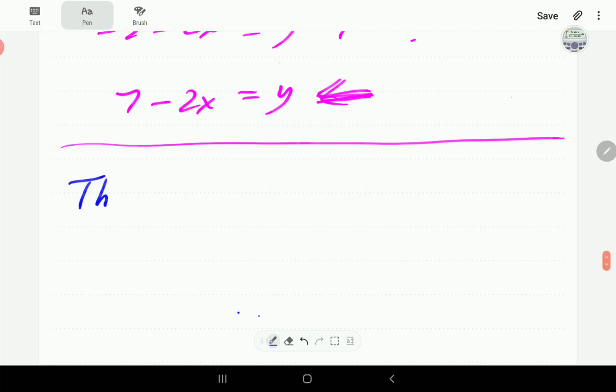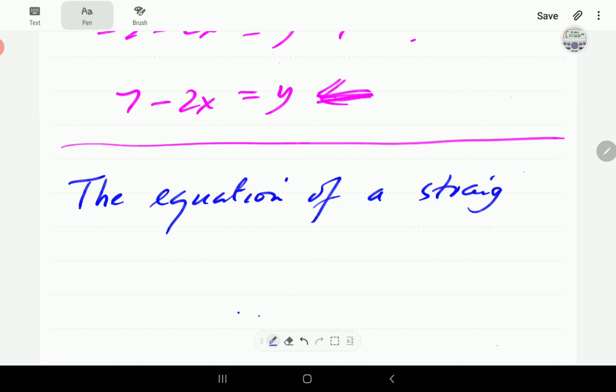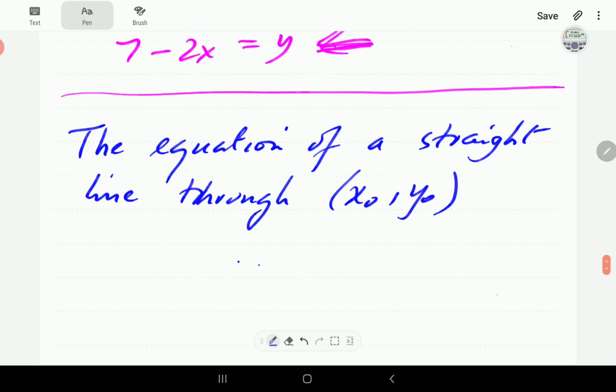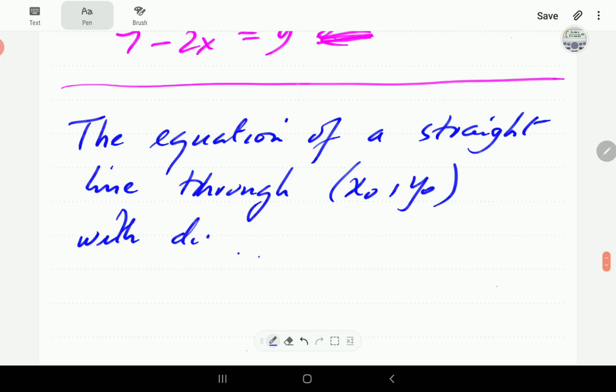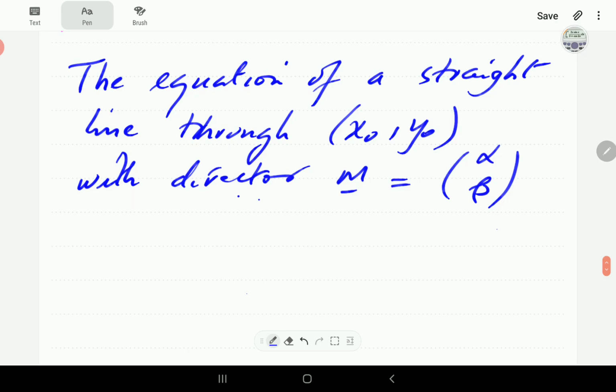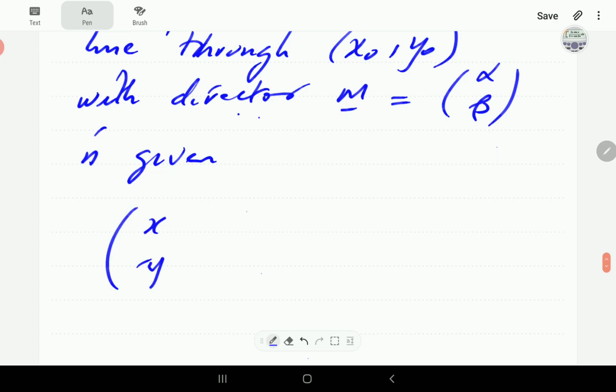The equation of a straight line which goes through (x0, y0) with direction vector, so that's from the gradient, let's say the direction vector is (alpha, beta), is going to be given by xy equals (x0, y0) plus t(alpha, beta).